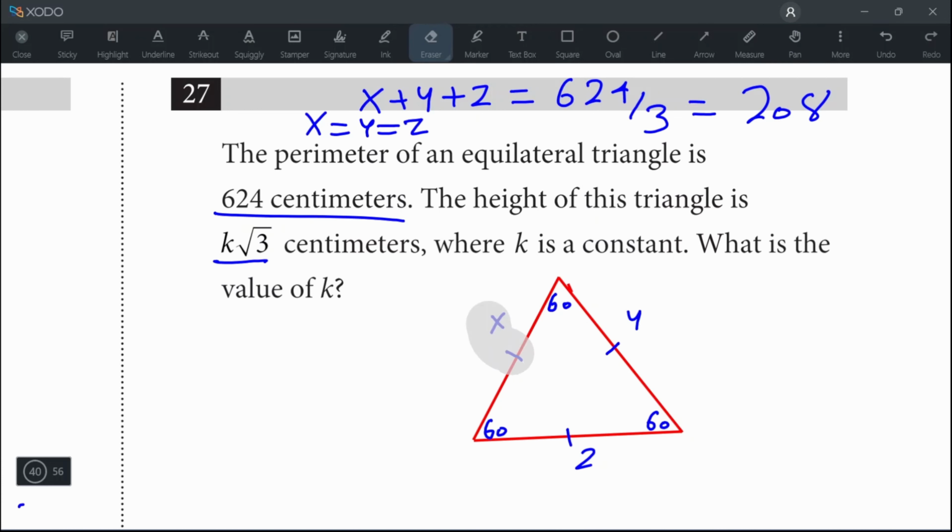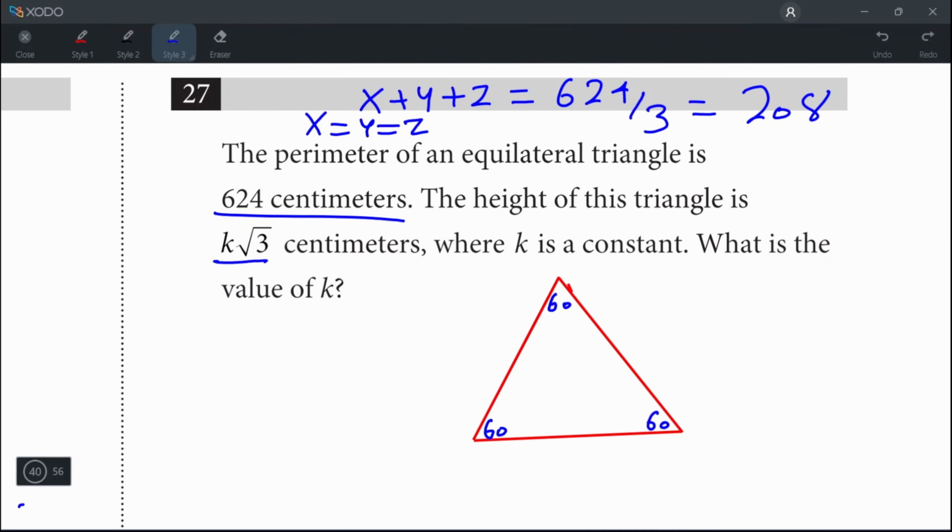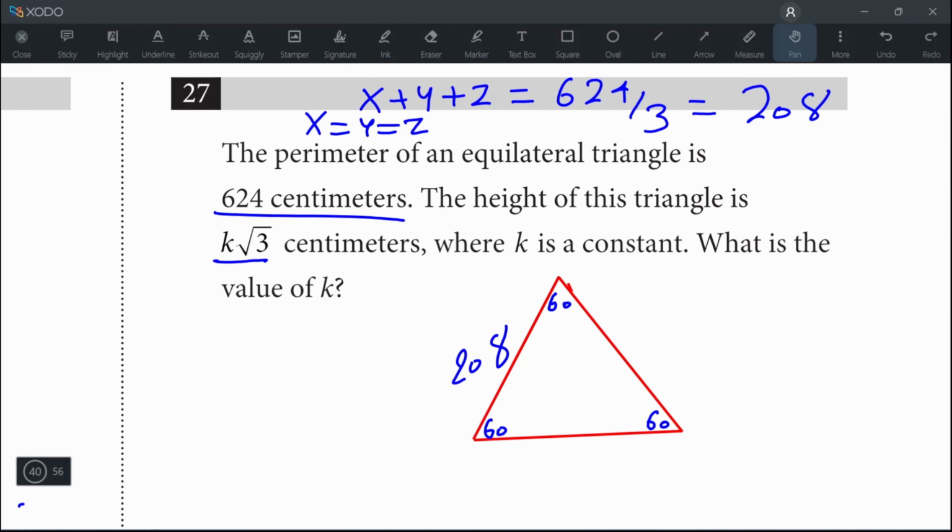So let me clear that. I write down 208. Now, what about the height of the triangle? The height of the triangle is a perpendicular line from any side. Let me choose another line.